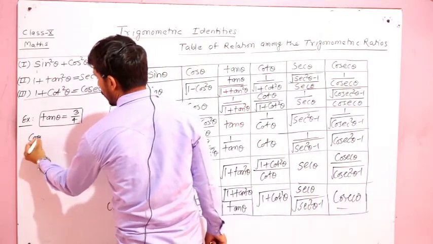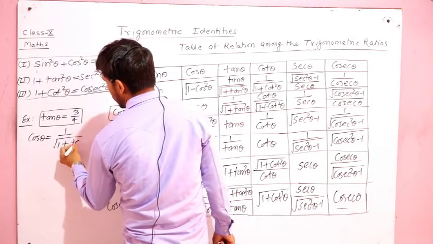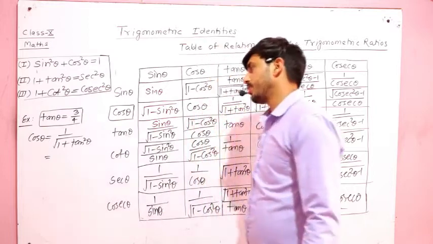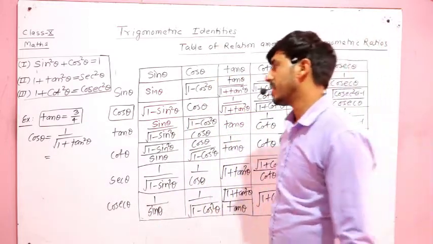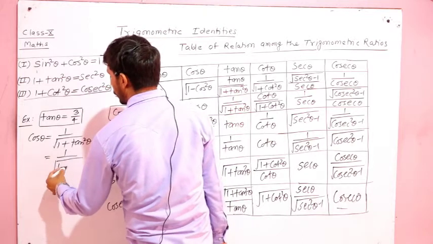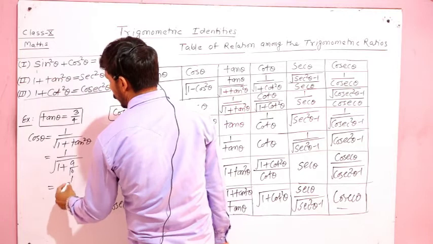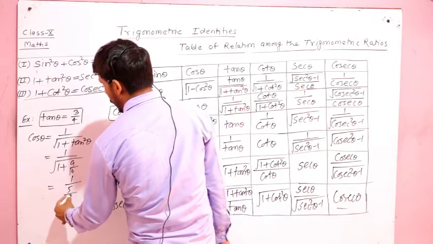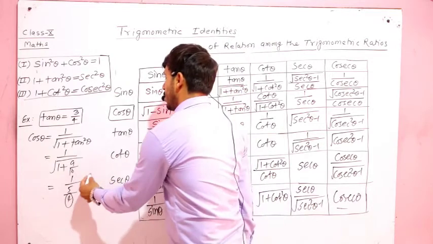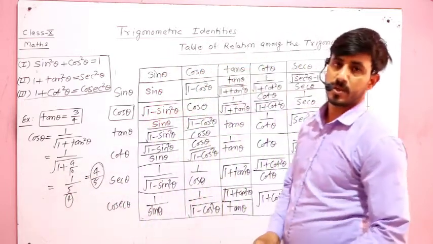It means we have cos theta is equal to 1 upon root of 1 plus tan square theta, and you can substitute the value of tan theta in this relation, and you can see here root of 1 plus 9 upon 16, and that gives 1 upon 5 upon 4, and 4 can be taken to the numerator. That's why we have 4 divided by 5. That is the value for cos theta.